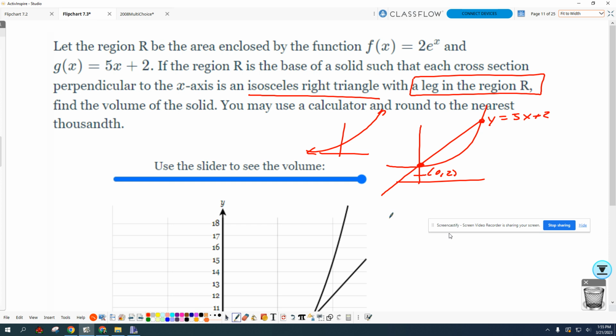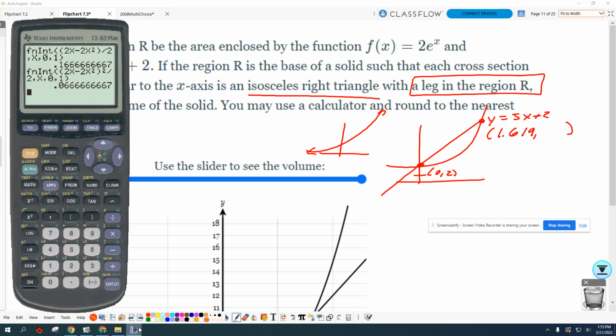So, Asher, what did you say this intersection point was? 1.619, comma, something. Do you guys know how to find this coordinate? Yes. No. Okay. Well, at least one person said no. So, in the y equals 5x plus 2, and again in the y equals 2 e to the x.